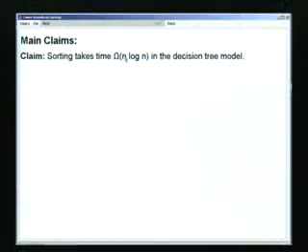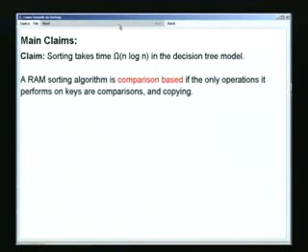The length of the longest path in the tree will be at least n log n. So notice that this is already a non-trivial bound, because a trivial bound would be omega of n. We'll prove this in a minute.